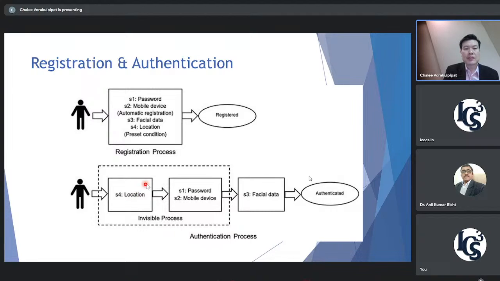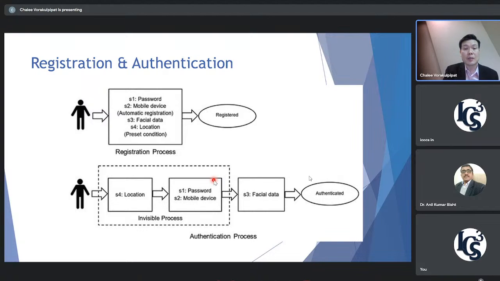Once you pass the location check, like you are in the office, the system can check the password. But you don't need to input the password, because if you have already passed the password process before, it's like single sign-on.